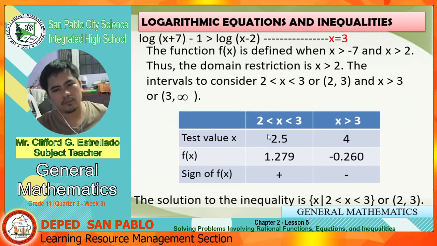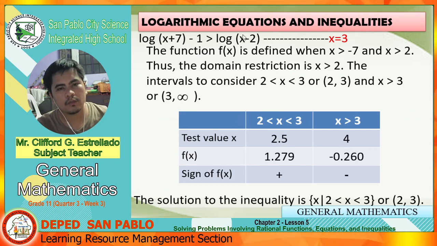So, kuha tayong test value dito. So, example 2.5, sa kabila ay 4. And substitute dun sa given logarithm natin. Okay? So, using calculator, makuha 1.279. Kapag naman x is greater than 3, negative 0.260. So, ang sign, we have positive and negative.